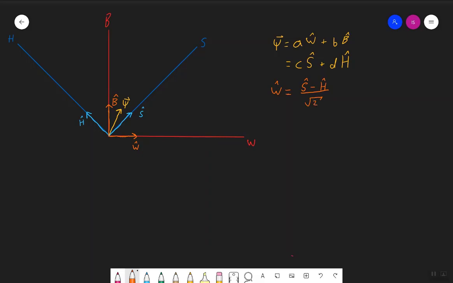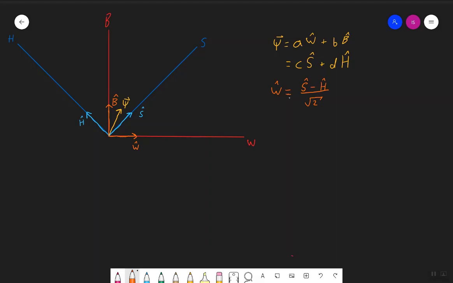Hopefully you can see that the white unit vector has a component in the positive soft direction and the negative hard direction, and it would be sort of equivalent parts of both. You can do the trigonometry with this if you're comfortable with vectors, and the root 2 is there because this still has to be a unit vector.